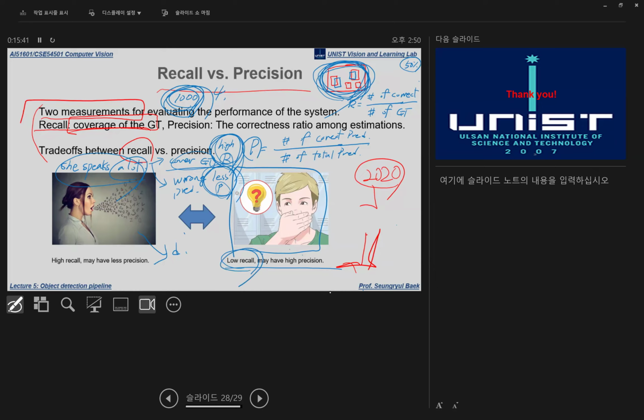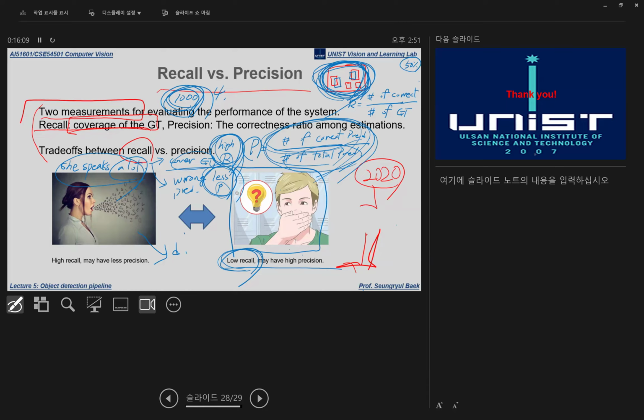Okay, so because of that, they are having low recall. But when calculating the precision, the total number of predictions is two, and their correct predictions are also two. So if they predict only two outputs, and those two outputs are correct, then their precision becomes 100%.